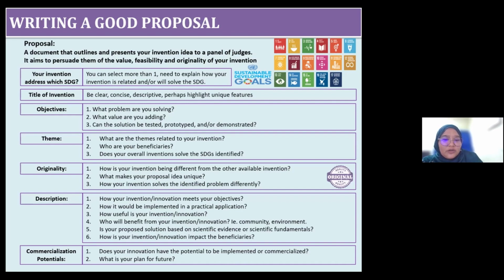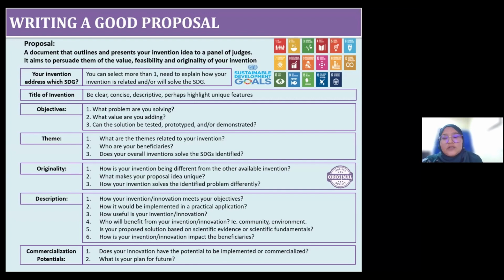For example, does your innovation have the potential to be implemented or commercialized? So you may have a future direction where you bring your innovation to the next level. So, what is your plan for the future? You have to have that thought along when you are preparing your proposal. Okay, so this is just an introduction to what goes into the proposal.